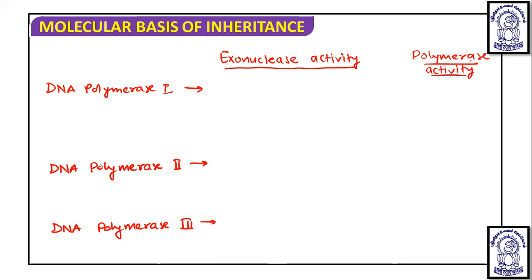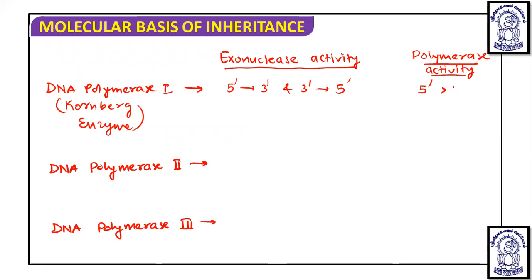DNA polymerase 1 is also named the Kornberg enzyme. It has 5' to 3' and 3' to 5' exonuclease activity, meaning it can remove nucleotides from the free OH end, that is the 3' end, and it can also remove nucleotides from the 5' end.